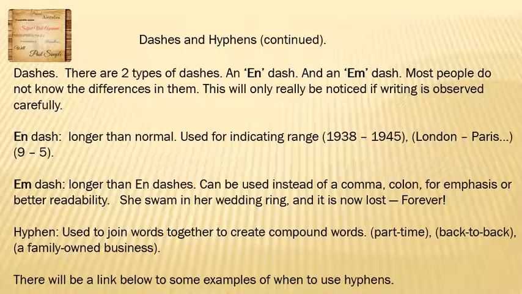It separates words that are part of another set of words. It keeps them together, but it shows a stress. She swam in her wedding ring, and it is now lost forever. So that gives you a kind of pause there.